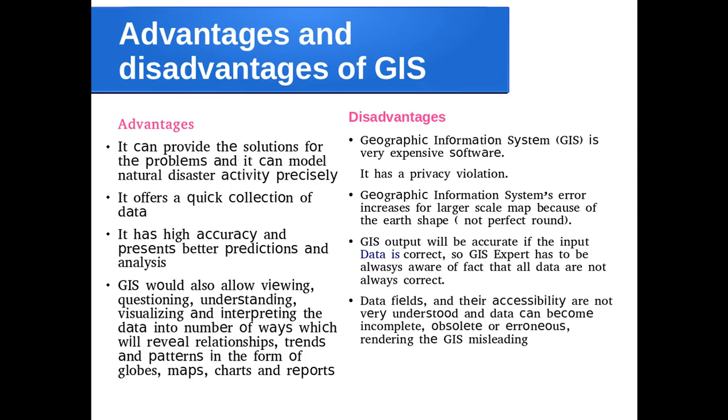So basically, the advantages rely in what it can do. However, the disadvantages are that geographical information systems are very expensive software, and in the same way they are very difficult to populate with data. So basically, you will need a lot of resources in order to get the data.